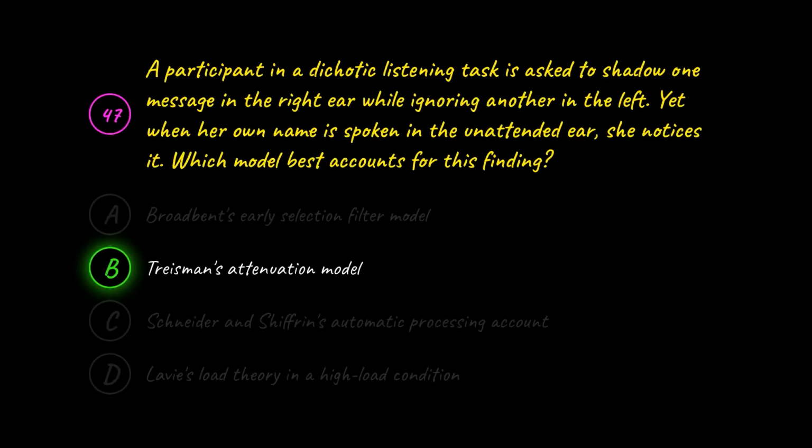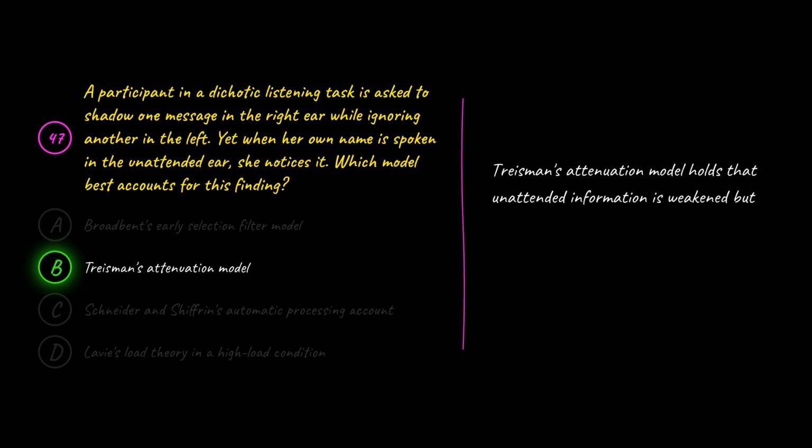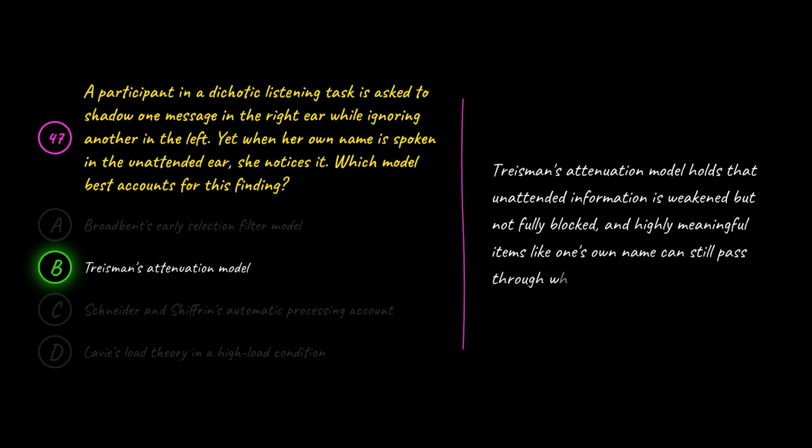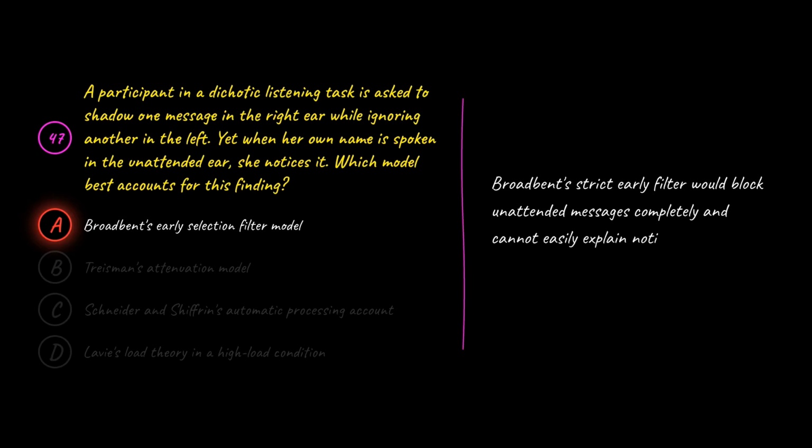Treisman's attenuation model. B is correct because Treisman's attenuation model holds that unattended information is weakened but not fully blocked, and highly meaningful items like one's own name can still pass through when their threshold is low enough. A is wrong because Broadbent's strict early filter would block unattended messages completely and cannot easily explain noticing a personal name in the unattended channel.